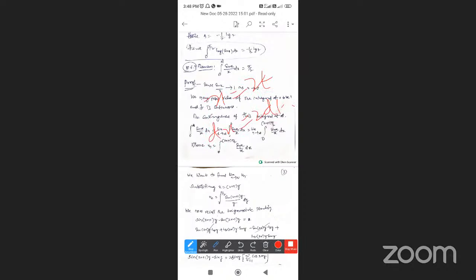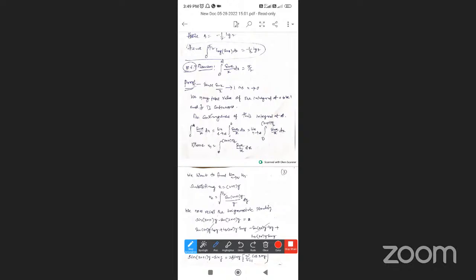We take the limit as x tends to 0: sin x by x tends to 1. It converges to 1 as x tends to 0. We may take the value of the integral at 0 to be 1, and it is continuous.